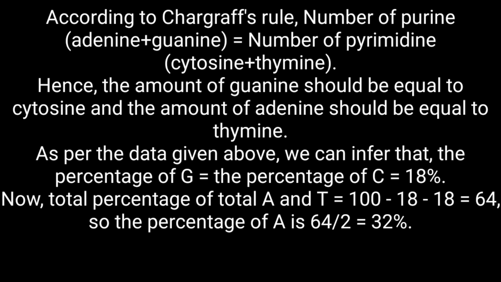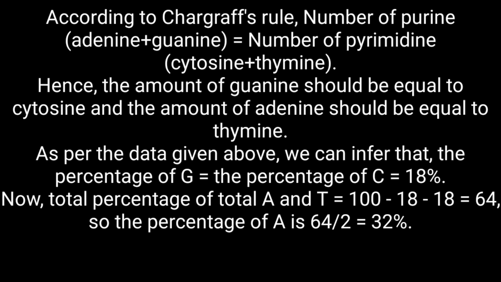According to Chargaff's rule, the number of purines, that is adenine plus guanine, equals the number of pyrimidines, that is cytosine and thymine. Hence, the amount of guanine should be equal to cytosine and the amount of adenine should be equal to thymine. As per the data given above, we can infer that the percentage of G equals the percentage of C equals 18 percentage.